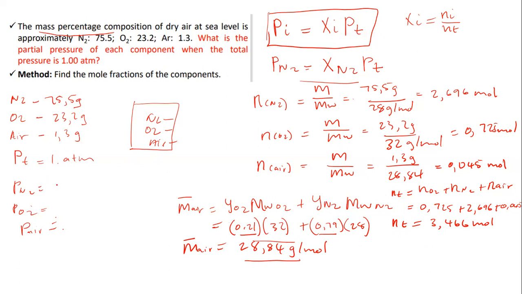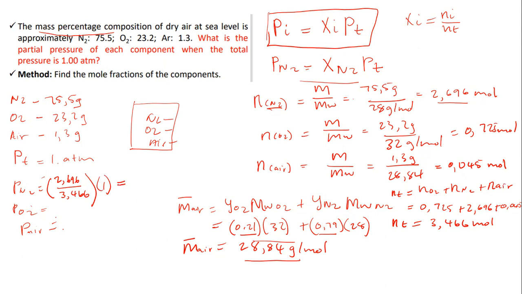So I'll just utilize this formula. To determine the mole fraction for nitrogen, you're going to say the number of moles of nitrogen, which is 2.696, divided by the total number of moles, which is 3.466, and then multiply by the total pressure, which is given to be 1 atm.